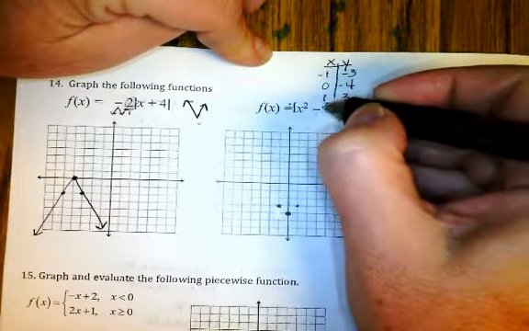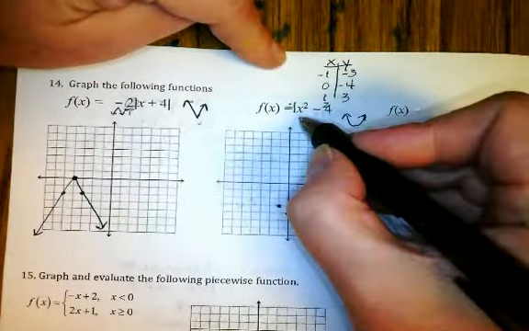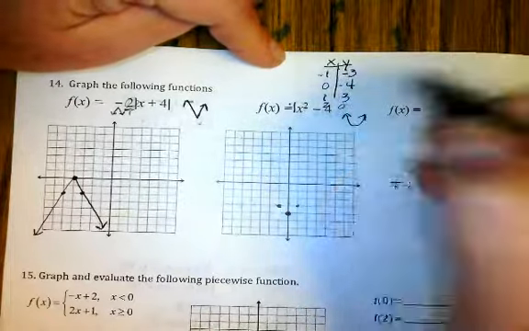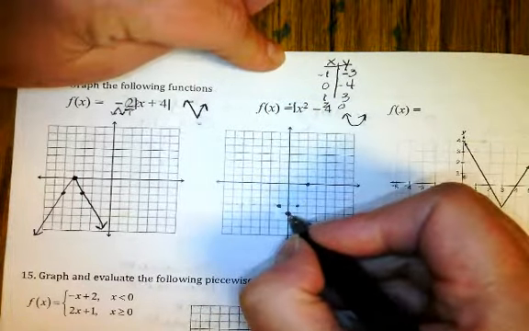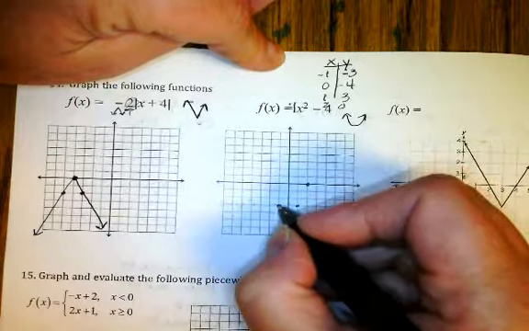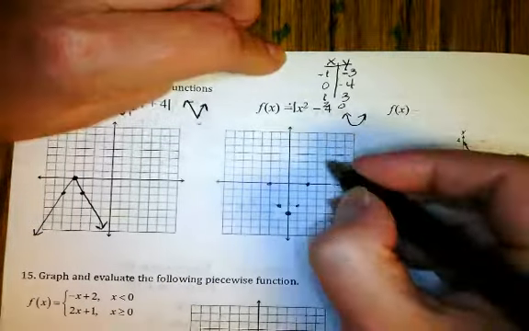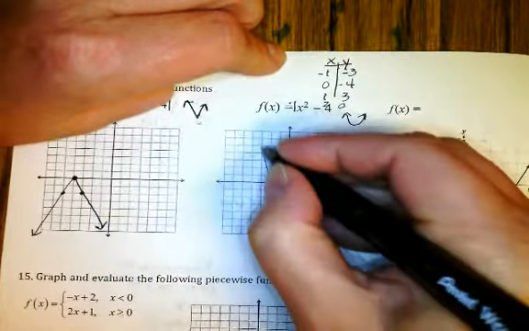But if I wanted to, I could get another point. So 2 squared is 4 minus 4 is 0, so I'm going to have a point at 2. And then remember, it's kind of reflected over this because it's still an even function. And then just kind of graph it.